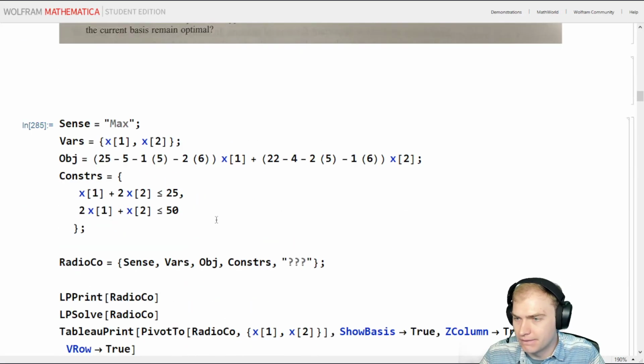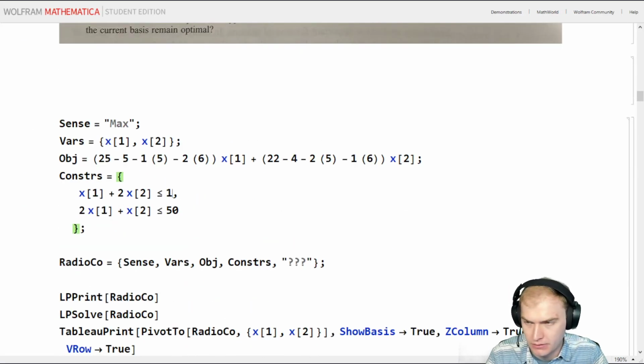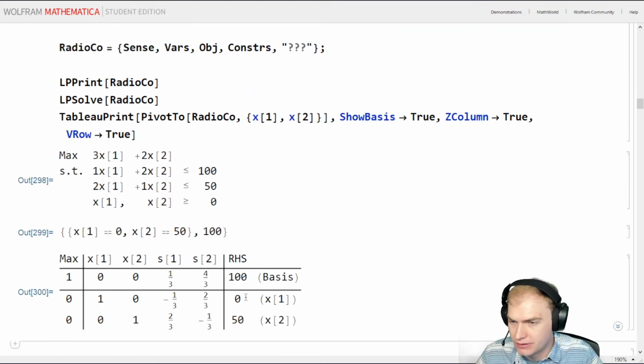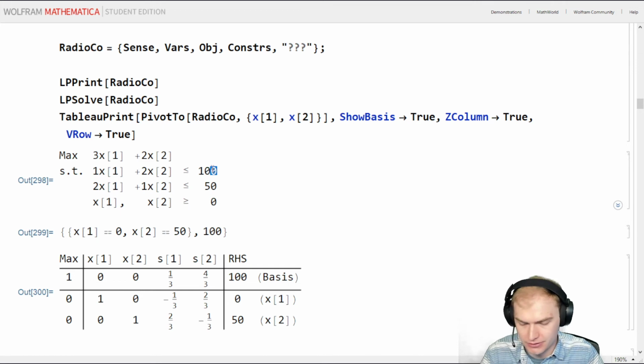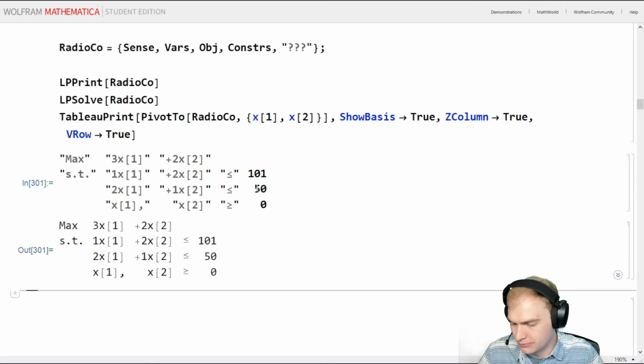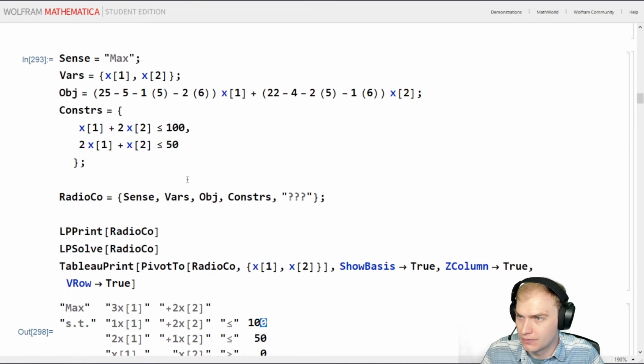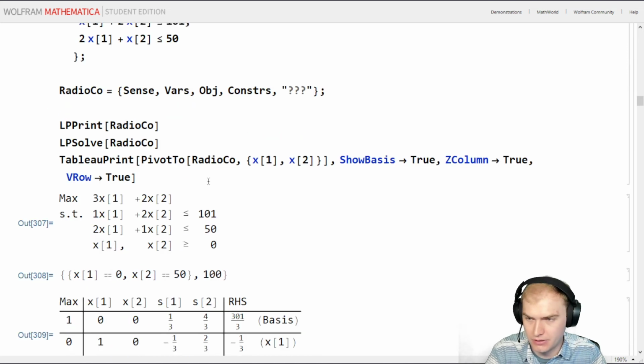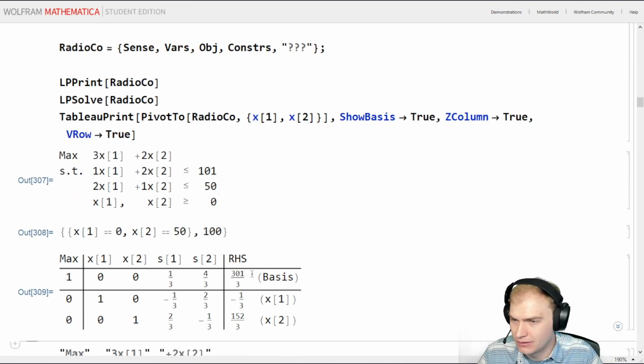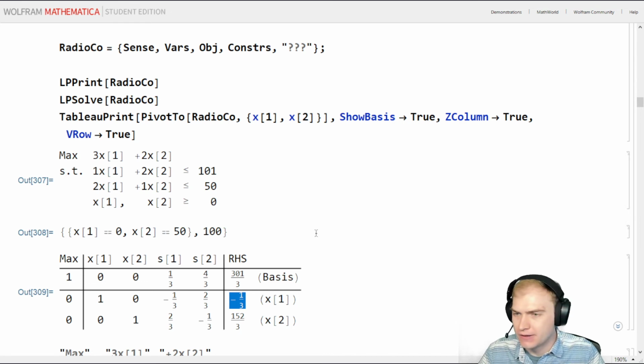And here, let's try that out. 100 gets us 0 there. 101 makes us infeasible. Yes, infeasible in that basis. Cool. Figured that one out.